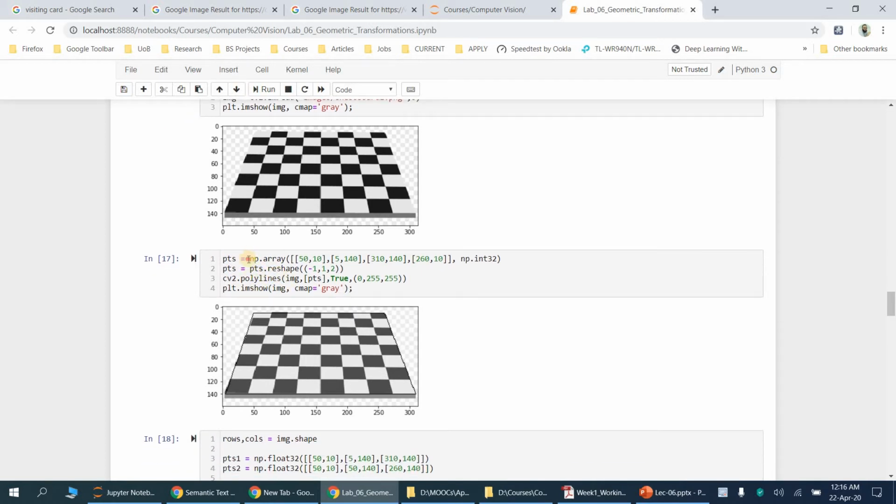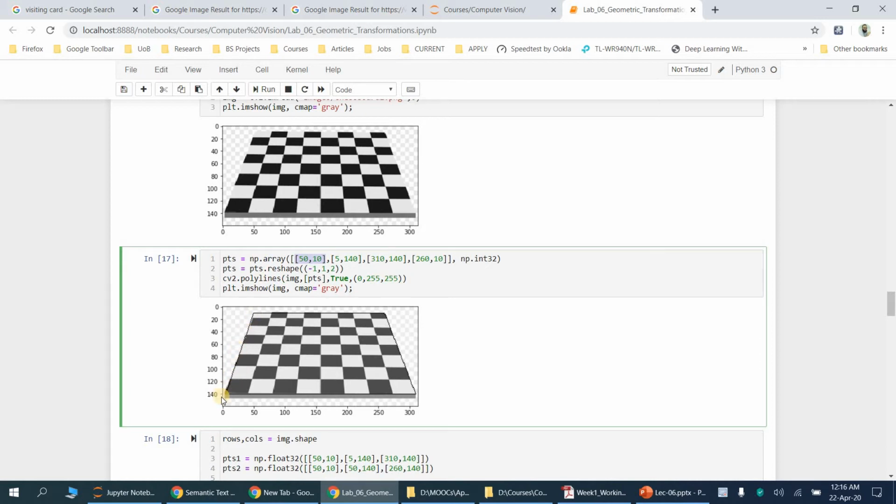What I use over here is, I create a numpy array from the points that I select. So the points are selected in this manner. First point 50, 10, it is this point. Then the second point will be this one.